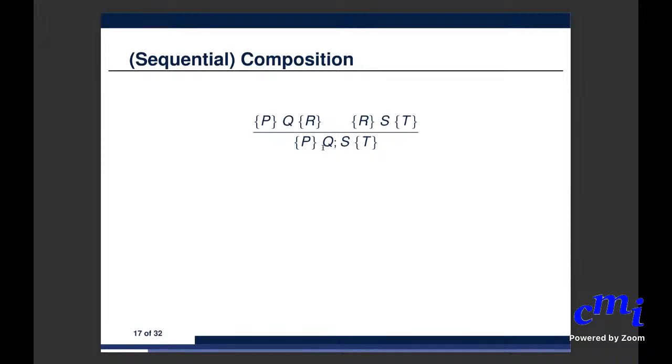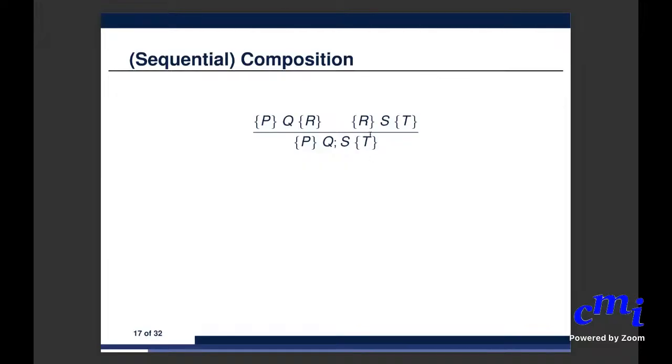You can read this in two ways, backwards or forwards. It is a program that sequentially composes two fragments of code Q and S, with S being executed after Q. So the question is, how can I define what kind of Hoare triples hold good for this?